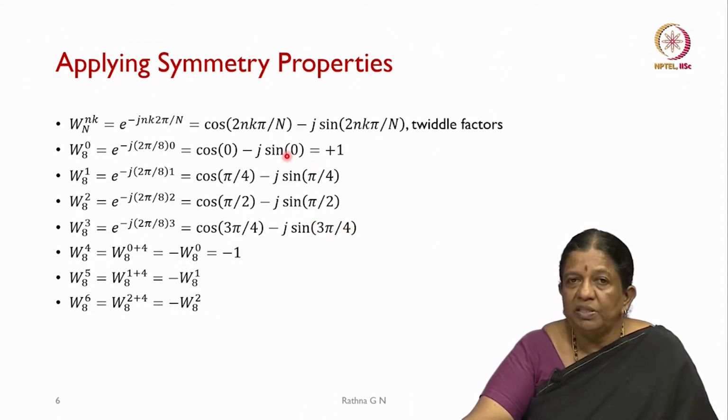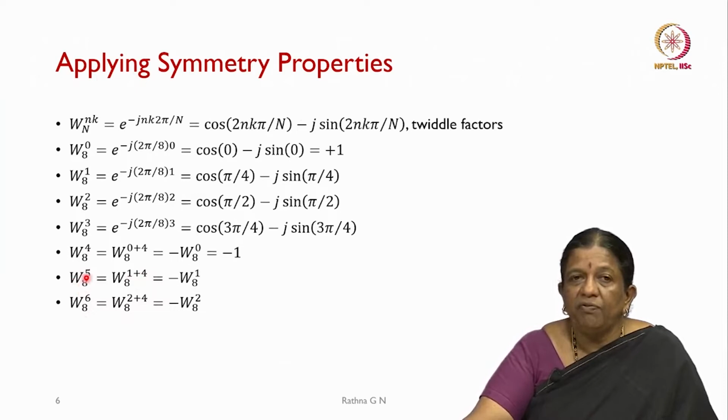N by 2, in this case for N equal to 8. The rest, that is 0 to 3, you can compute, and for the remaining ones, W_8^4 is nothing but W_8^(0+4), which is minus W_8^0, that is minus 1. So you use the symmetry property to get the rest of the coefficients.